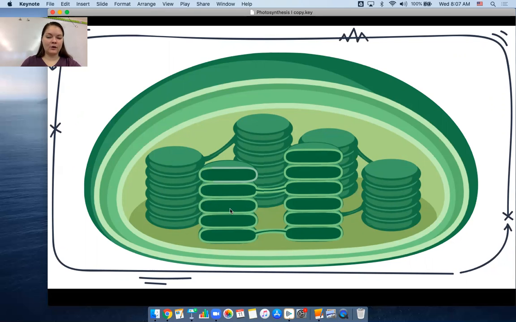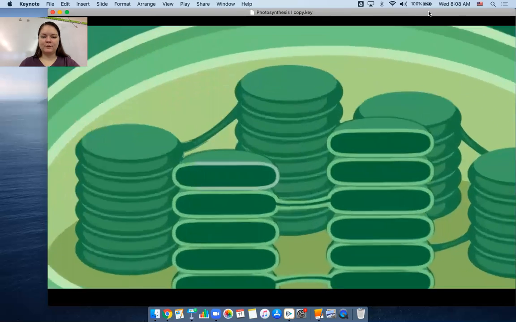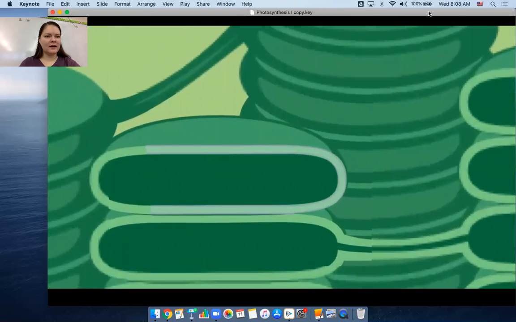Within those thylakoids is a liquid, like a cytosol-type liquid, but we're going to refer to it as the lumen or the thylakoid space, and all the space around them is the stroma. One stack of these little guys, if we zoom out, is a granum. I was getting ahead of myself.